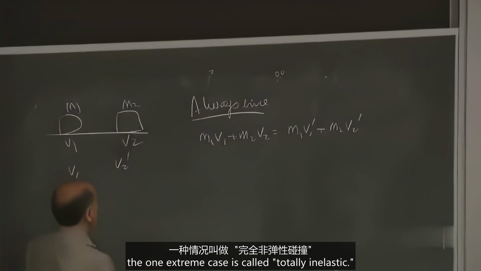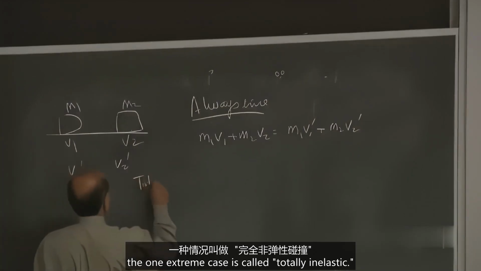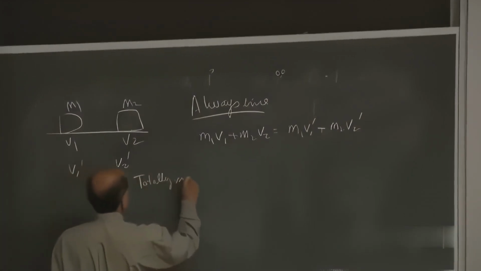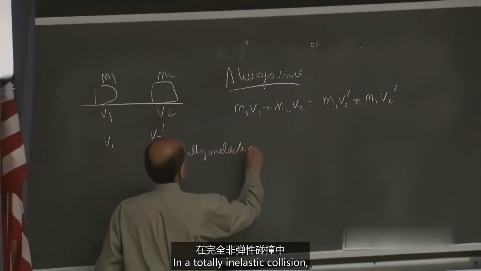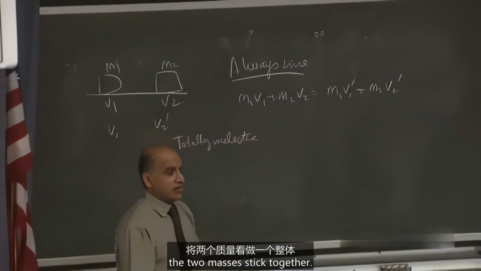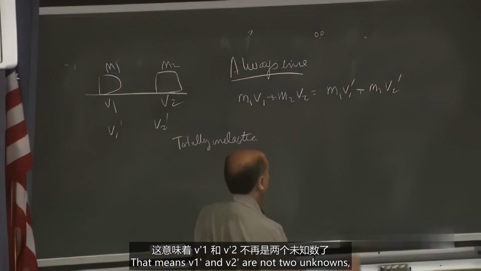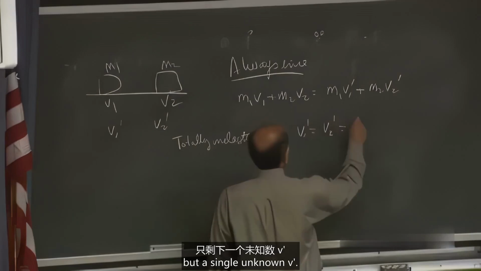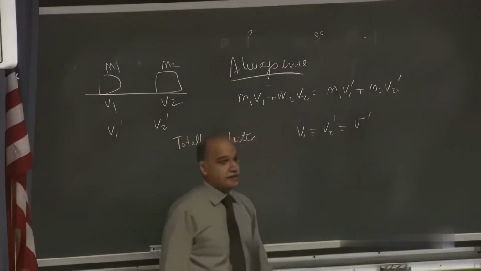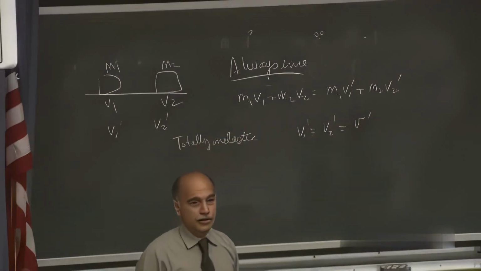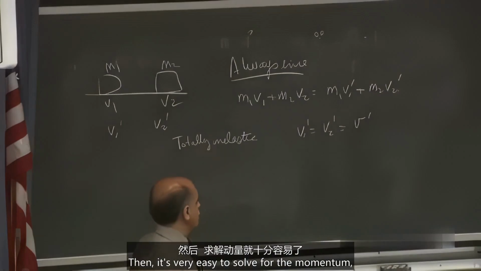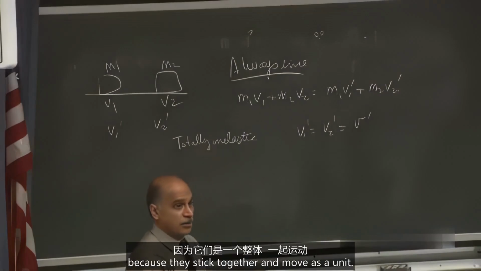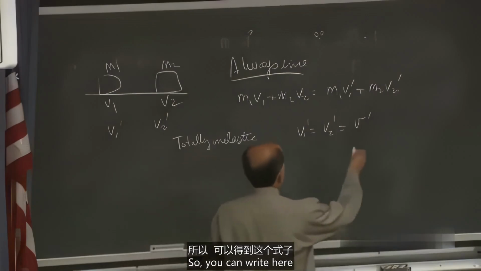The one extreme case is called totally inelastic. In a totally inelastic collision, the two masses stick together. That means v1 prime and v2 prime are not two unknowns, but a single unknown, v prime. Then it's very easy to solve for the momentum because they stick together and move as a unit.